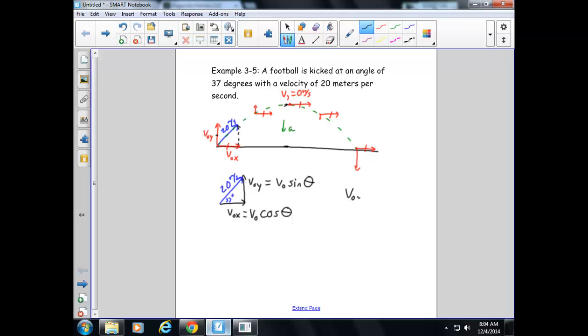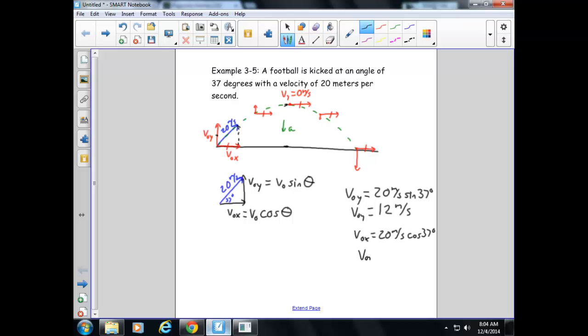V0y equals 20 meters per second times sine of 37 degrees, and that is equal to 12 meters per second for V0y. V0x equals 20 meters per second times the cosine of 37 degrees.